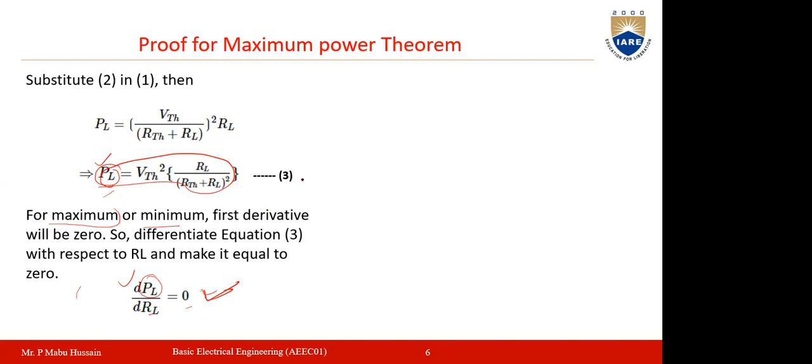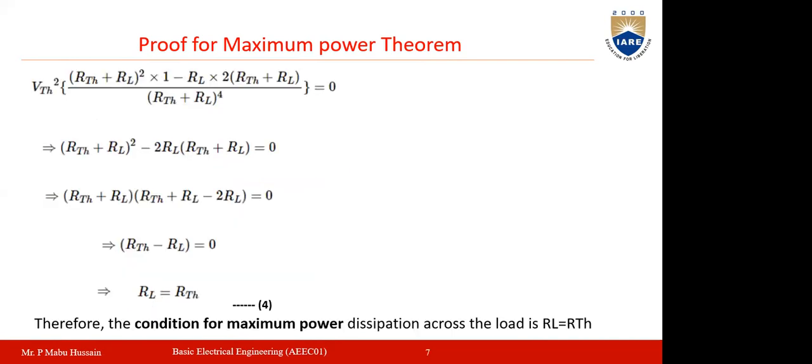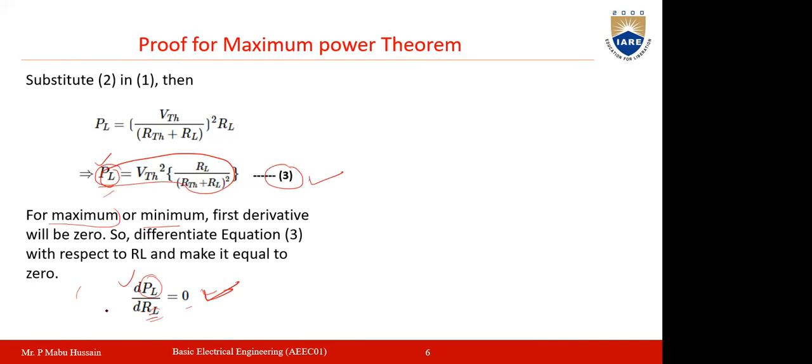Here this is the load power. So PL is equal to V Thevenin square into RL by R Thevenin plus RL whole square. Now to get the maximum power, this equation 3 we are going to differentiate with respect to RL and equate it to 0, so that you will get the condition for maximum power transfer. In place of PL here, we substitute V Thevenin square into RL by R Thevenin plus RL whole square.